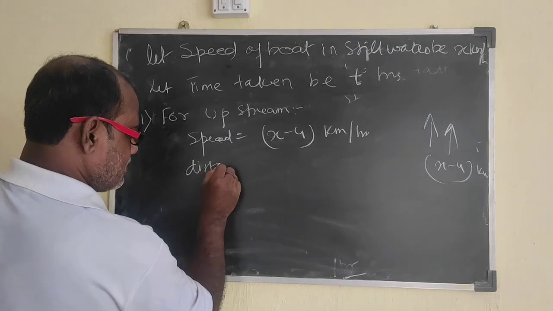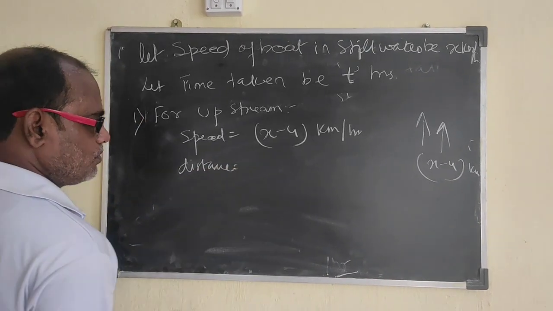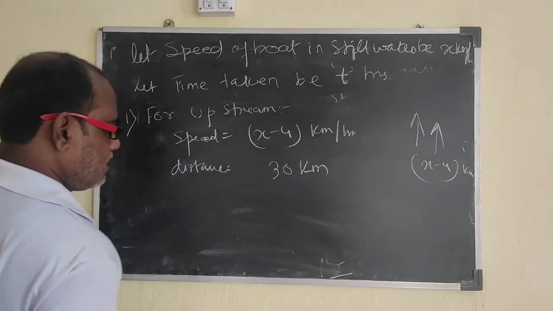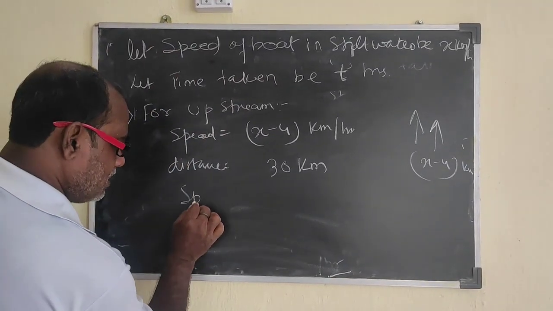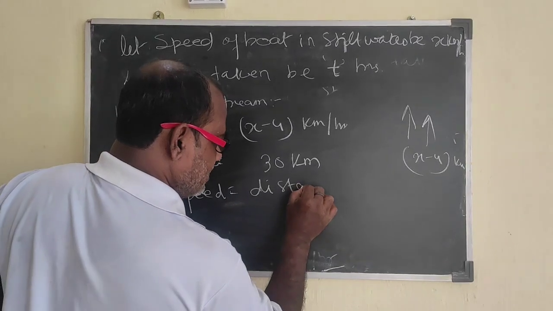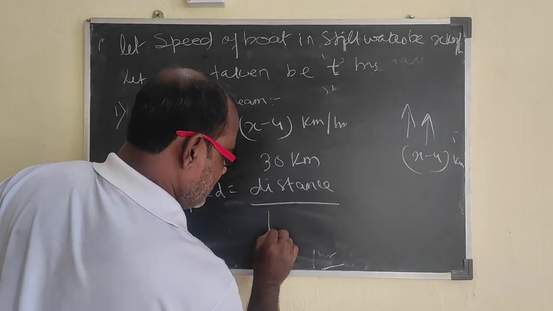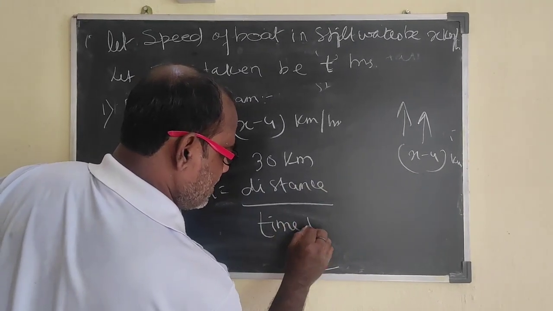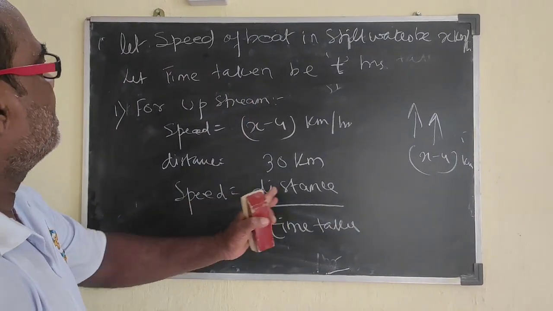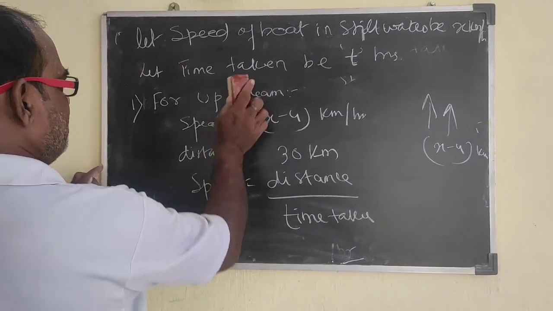Distance is equal to 30 km. We know the formula: speed is equal to distance by time taken. Therefore, time taken is equal to distance by speed.